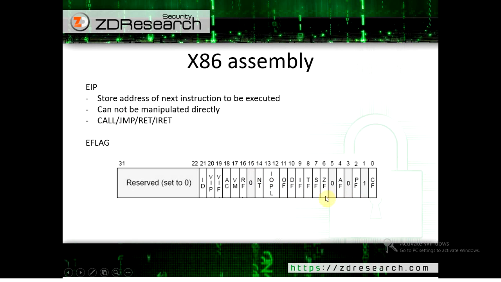For example, the ZF flag is set when the instruction has a result of 0. These flags are used mostly for conditional branch instructions like JE, JZ, and so on.